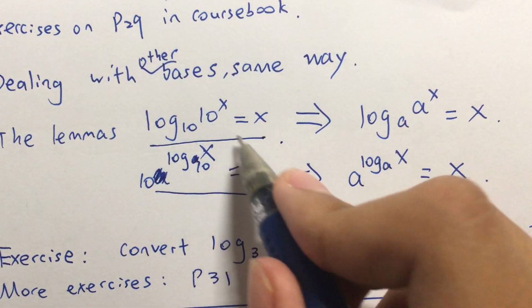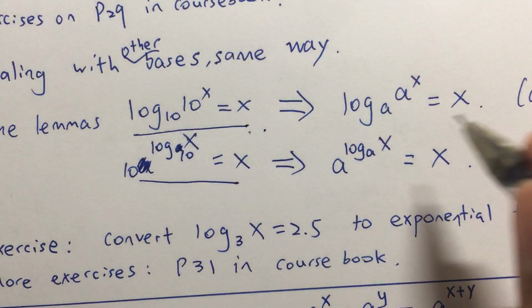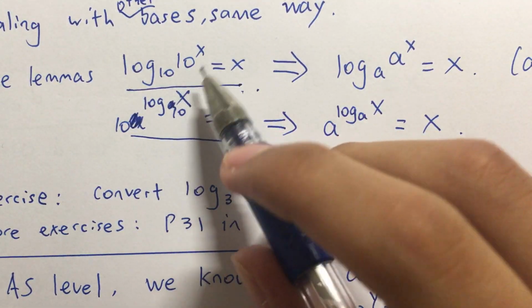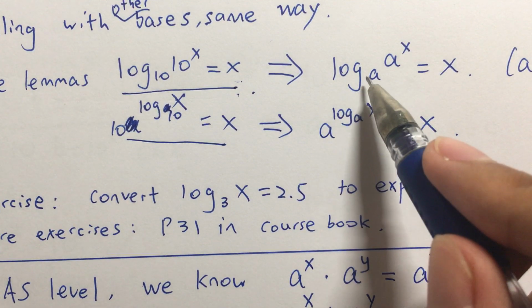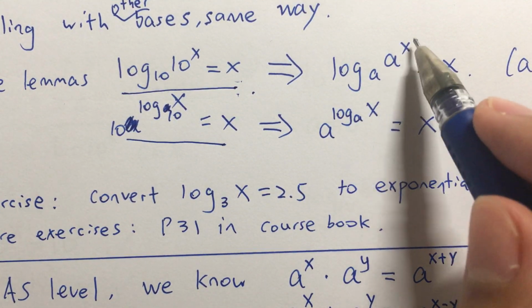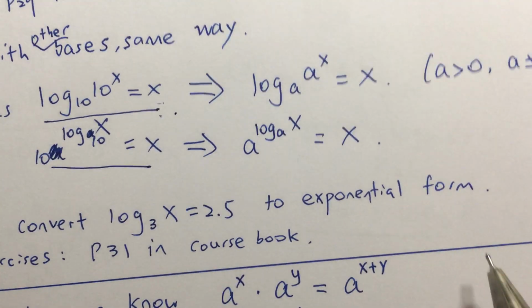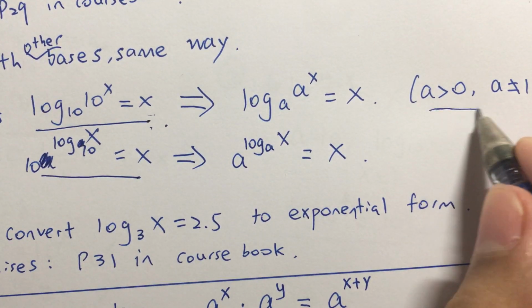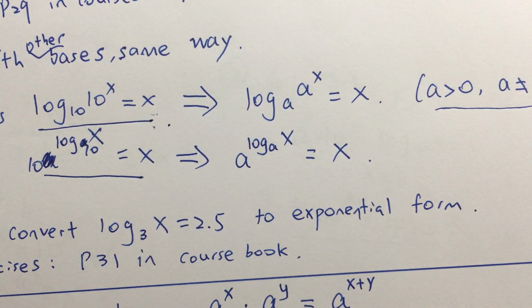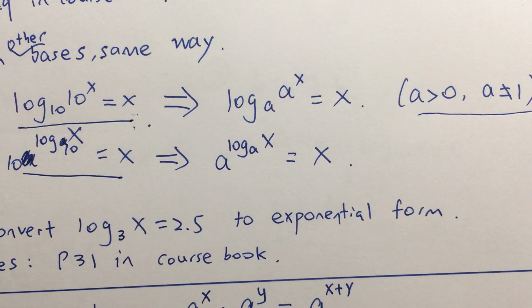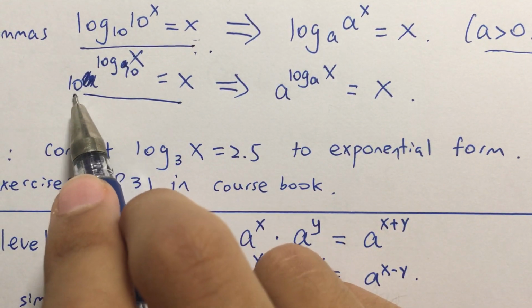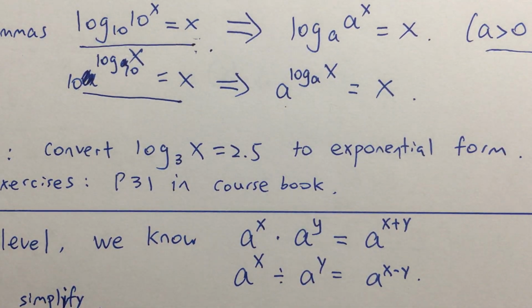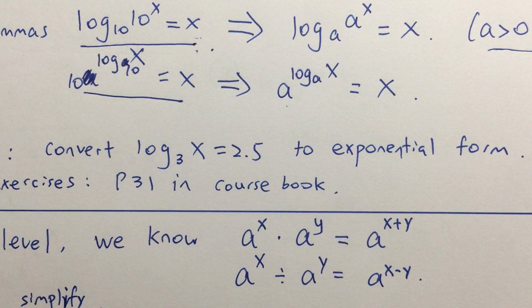Now we can turn these 2 lemmas into any base: log 10 of 10^x equals x can be changed into log a of a^x equals x, for all a greater than 0 and not equal to 1. Same thing here, we can just change 10 into a because they work exactly the same.